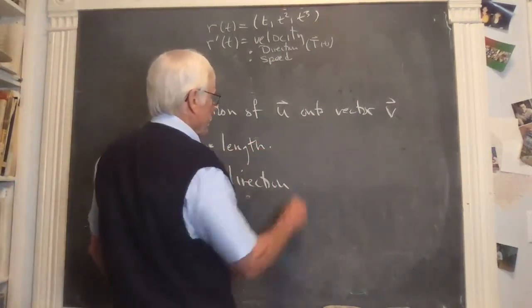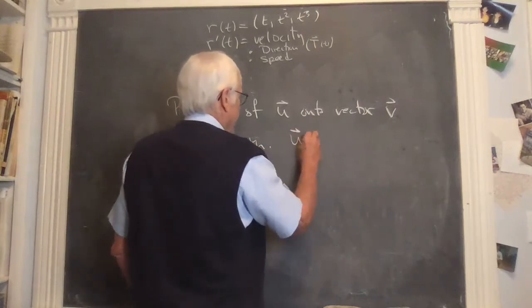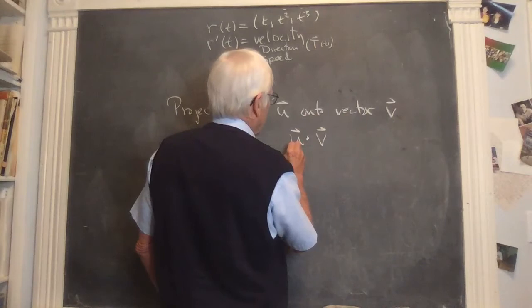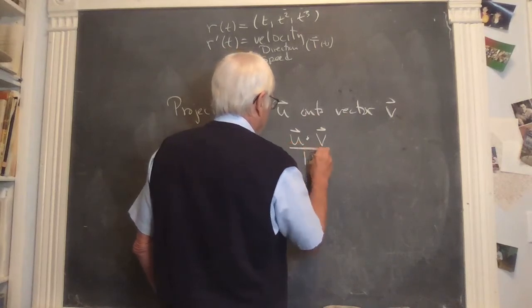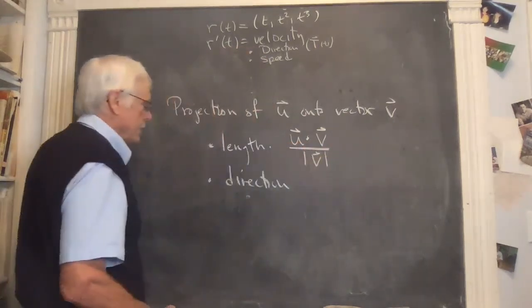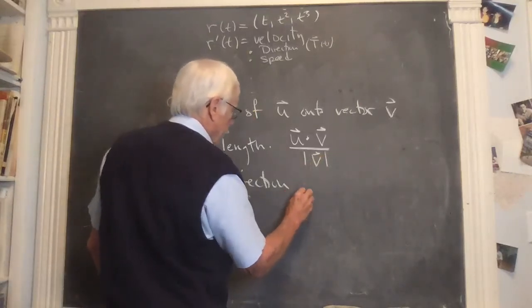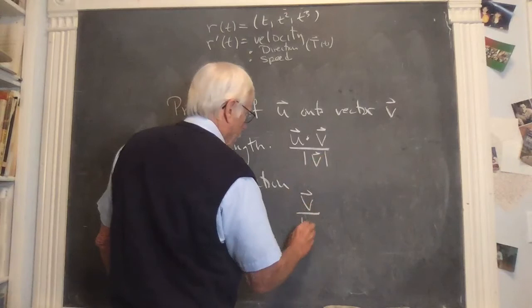The length is u dot v divided by the length of v. And the direction of this is the unit vector v over the length of v.